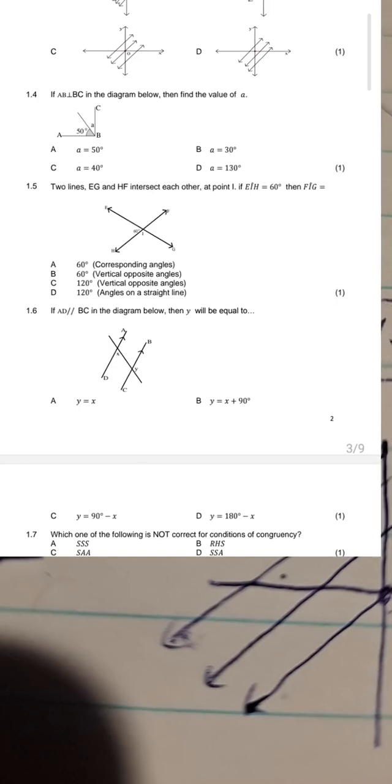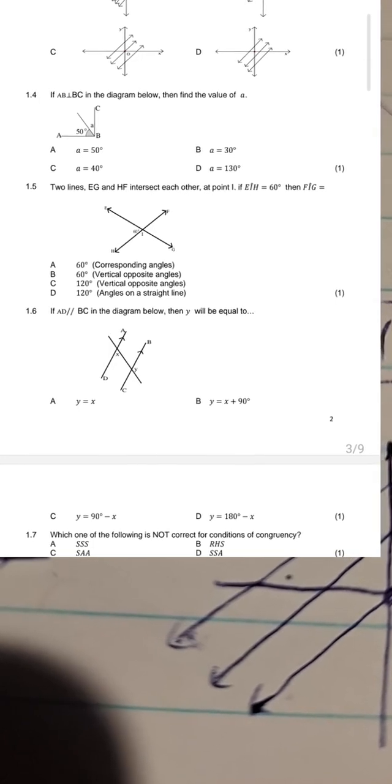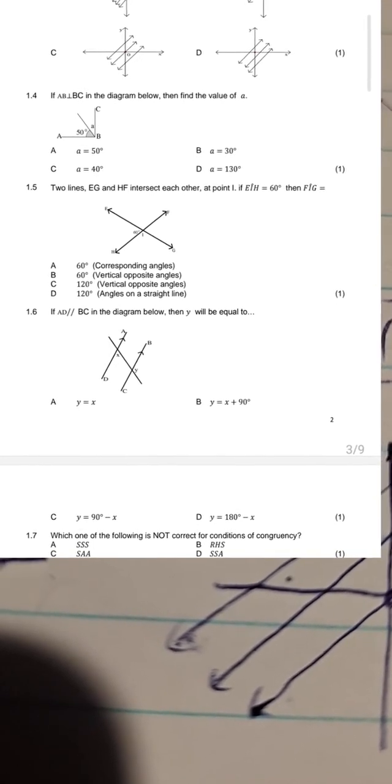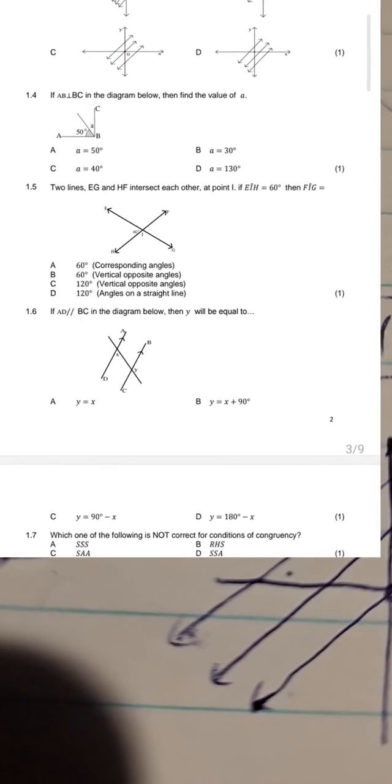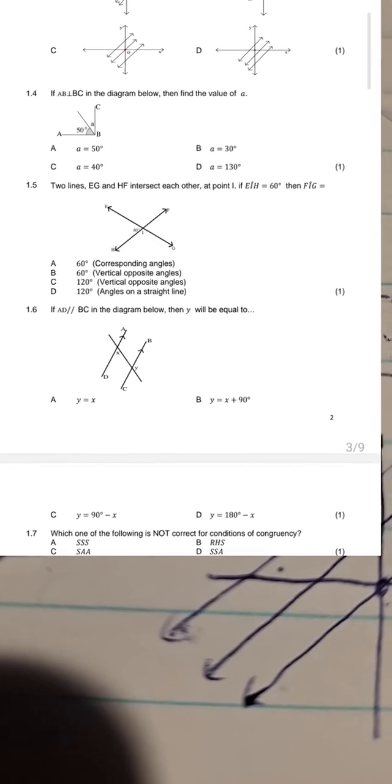1.6, if AD is parallel to BC in the diagram below, then Y will be equal to. Look at AD, they are saying it's parallel to BC. Will Y be equal to X?